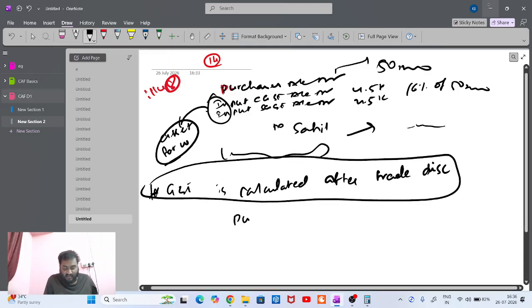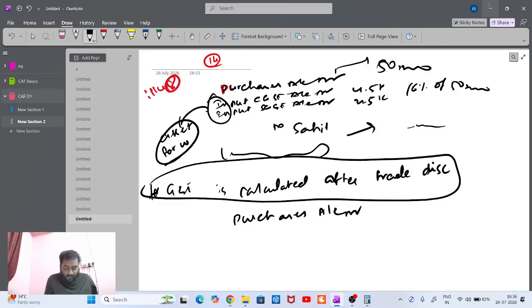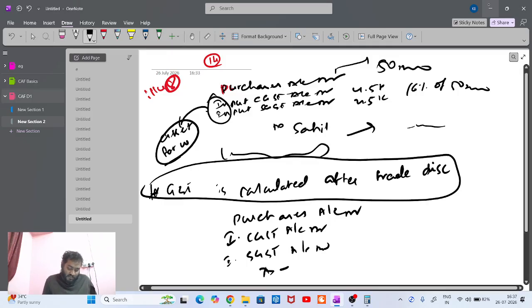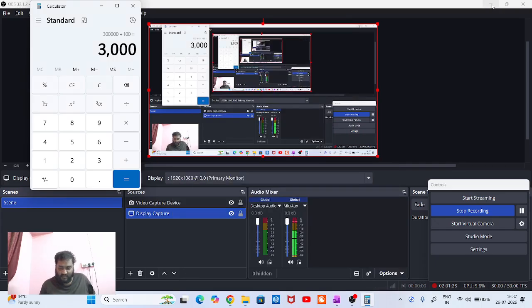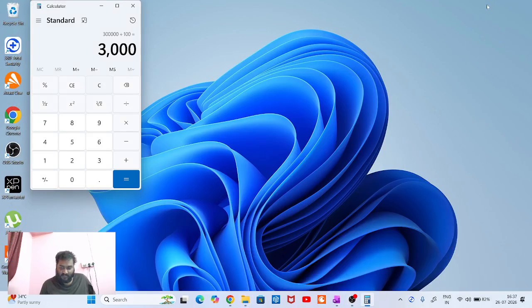So again, the entries: purchases debit, input CGST account debit, input SGST account debit, to Sam.